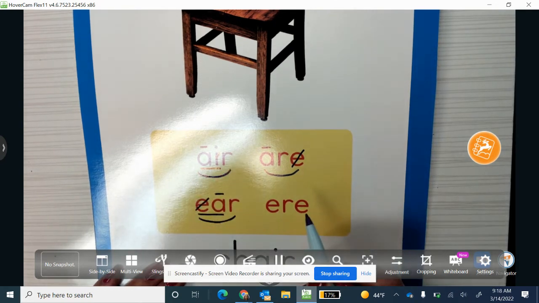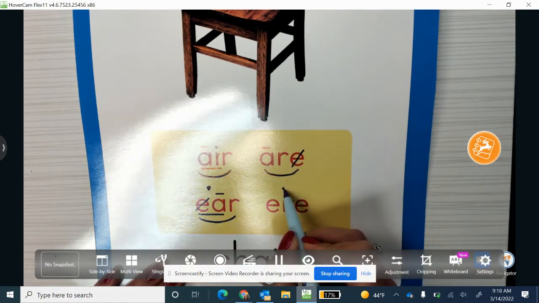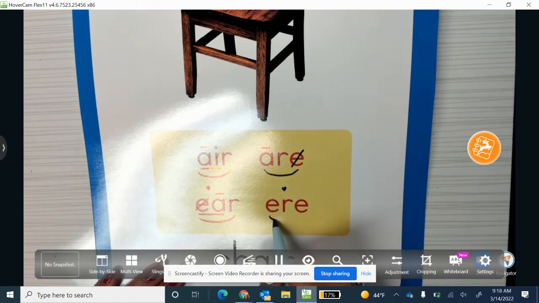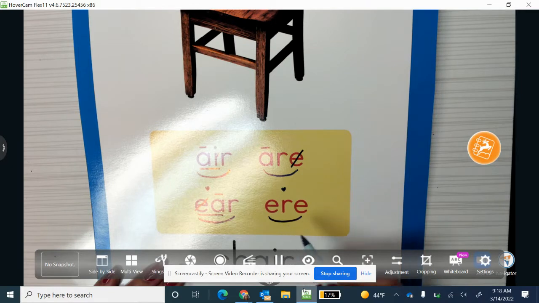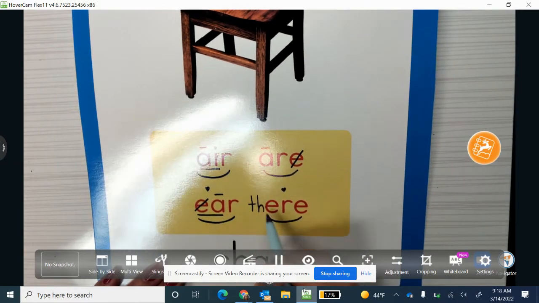And this is a little tricky too, because last week we learned that the E consonant silent E, like in the word here. But I'm just going to put a heart here because this is going to be the long A sound, like, for example, in the word there.